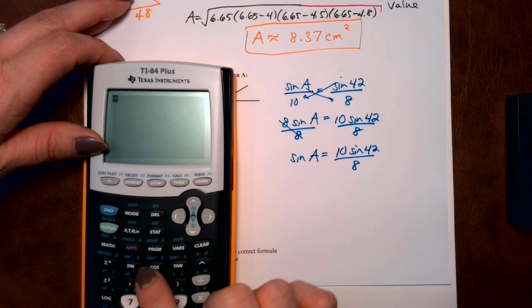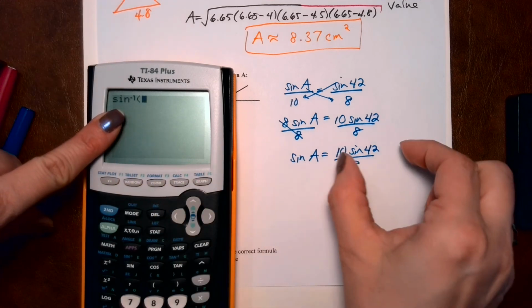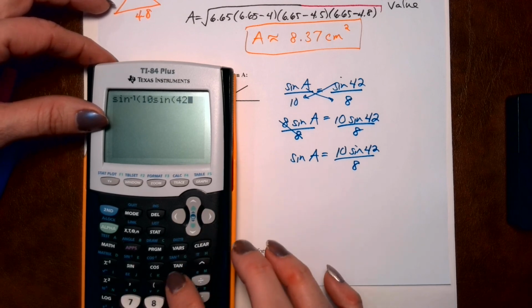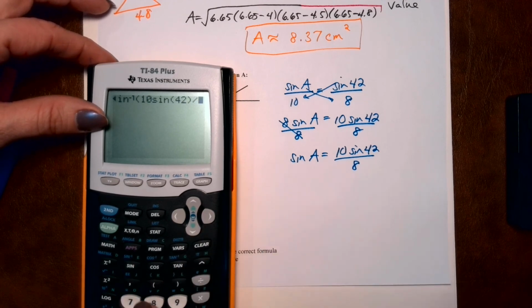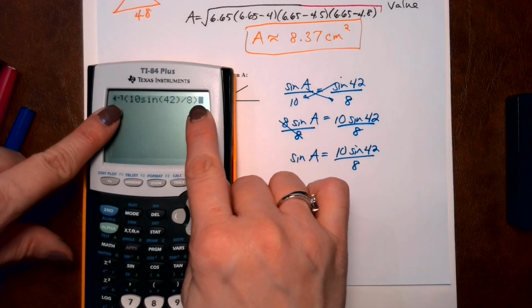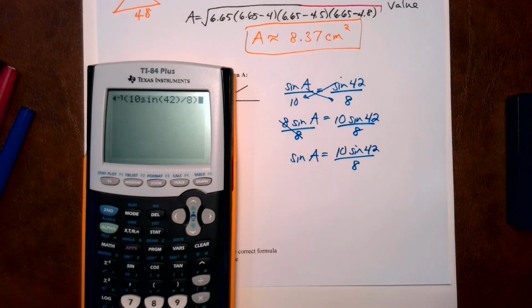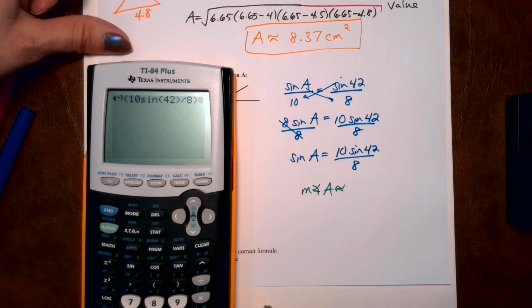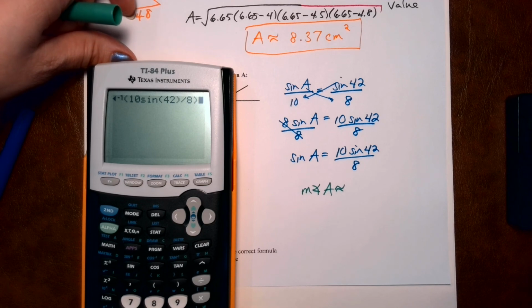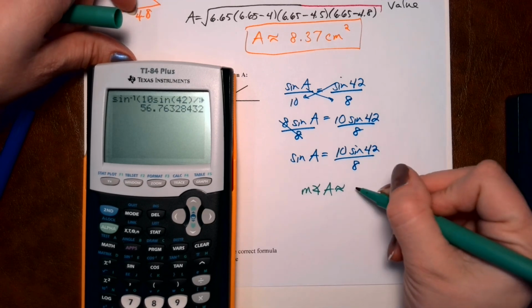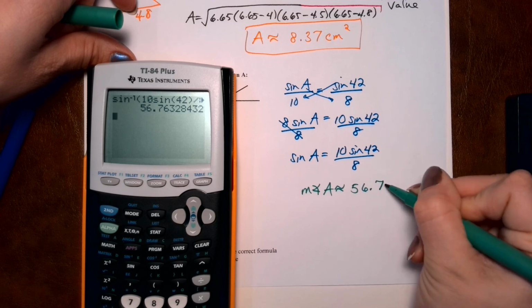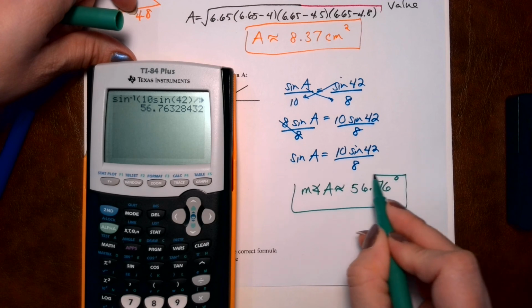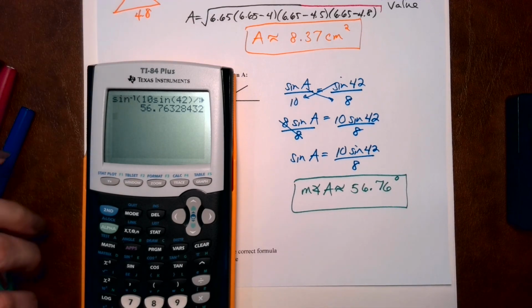So I'm going to do second sine inverse of this, which is 10 times the sine of 42, divided by 8, close the second set of parentheses, and the measure of angle A is approximately how much? 1.76. Make sure you say degrees. Great job, Pre-Kelly.